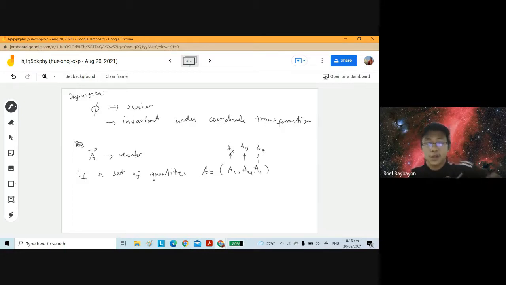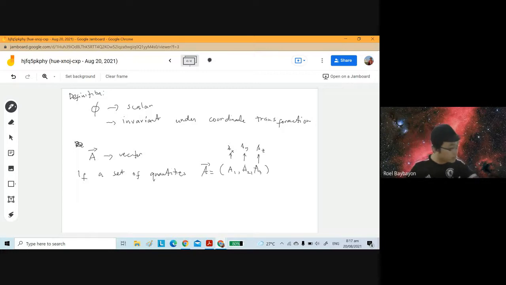Sometimes we denote it with an arrow, take note. So if a set of quantities is transformed under coordinate transformations, then this is a vector quantity. Okay?